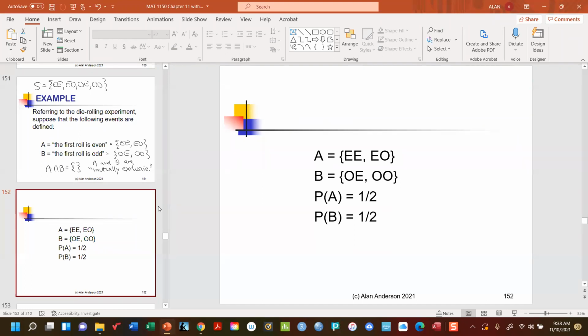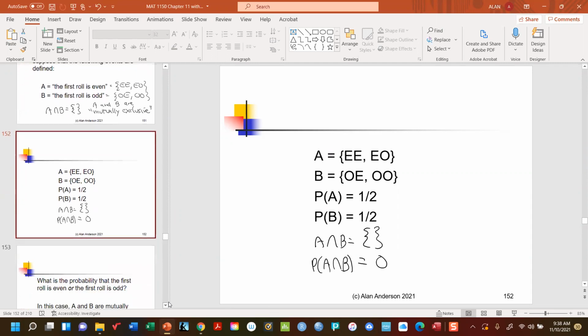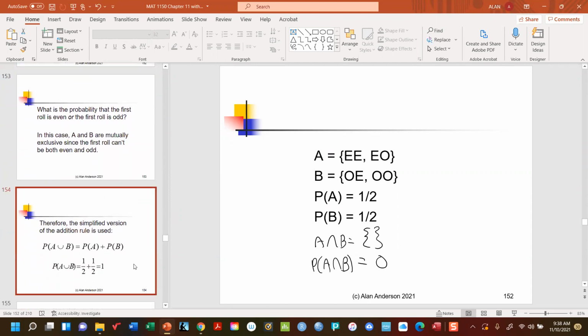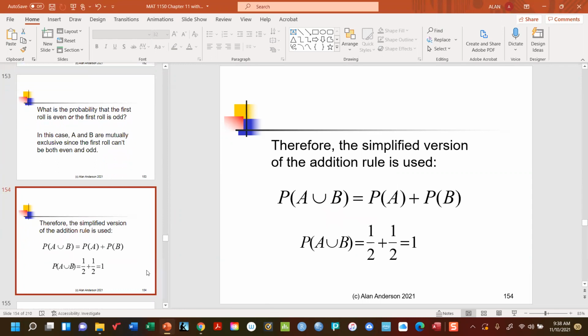Okay, so therefore, when we plug these in, and you notice there's no intersection, you could add this if you want to. And so when you plug these in, you end up, in this case, with 1.